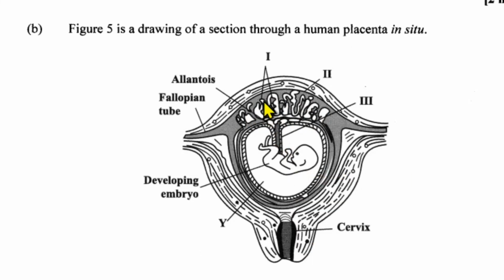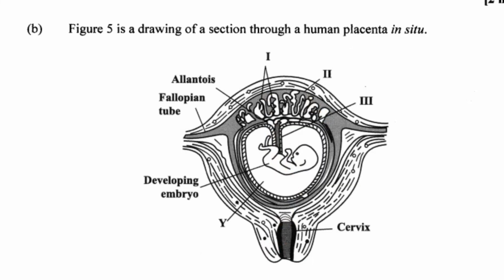What would happen here is that certain materials would be able to diffuse through these villi, for example glucose and oxygen, whether it's through simple or facilitated diffusion, and substances would also be able to diffuse out, for example carbon dioxide and urea.